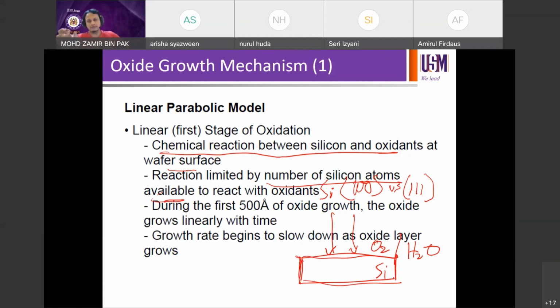So the more silicon atoms available, the higher the growth rate, because the reaction at this point is limited by number of available silicon atoms. So that means you're going to get 111 to be higher in the growth rate, therefore the final thickness, compared to 100, okay? Higher. So ada banyak lagi silicon atom available on the surface, right?